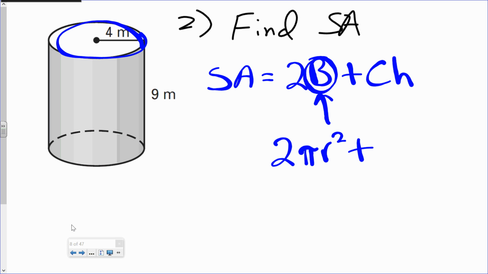P times pi. Or 2 pi r. Remember, you had your options, whatever one you want to pick. I'm going to go with Brooks. Pi times the diameter. Look at that. That's the circumference times the height.